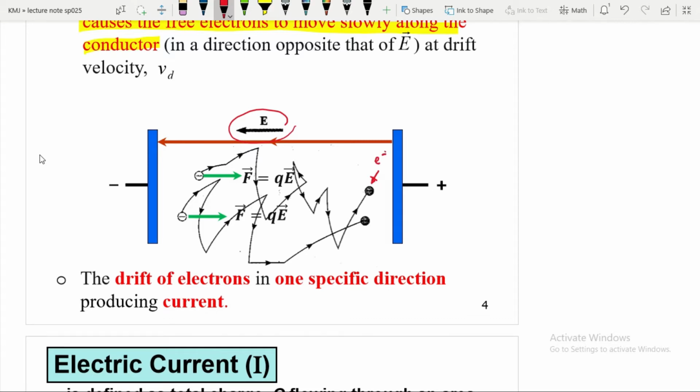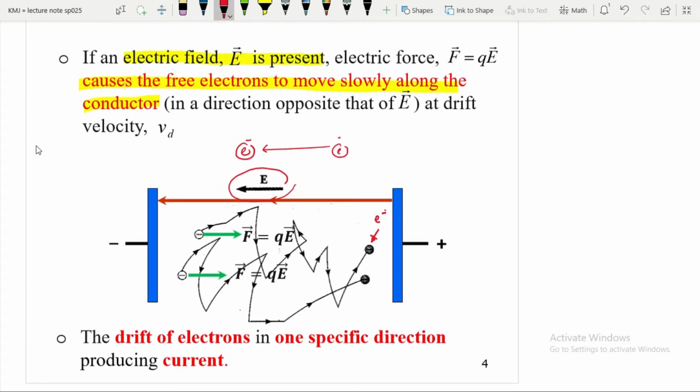It will drift to this side. So you will see that the electron will move to one side. The electron will move from here and drift to here. Alright. So understand? Because of the electric field.